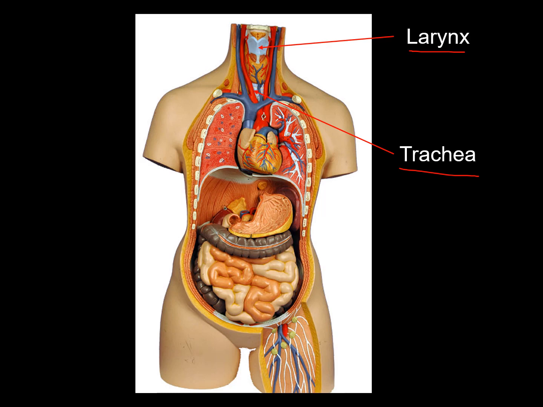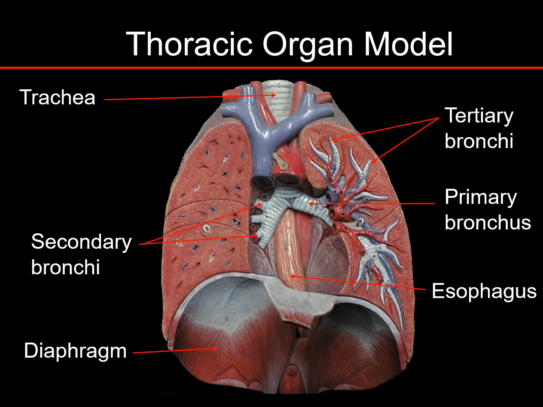And then it's going to split, and you can't really see it because it's behind the heart, but essentially it's going to split into the bronchi, and these white branch-like structures in the lungs are the bronchi. Those are probably the tertiary bronchi, once they split a couple times from those main primary bronchi.